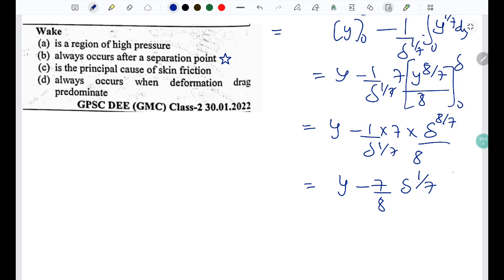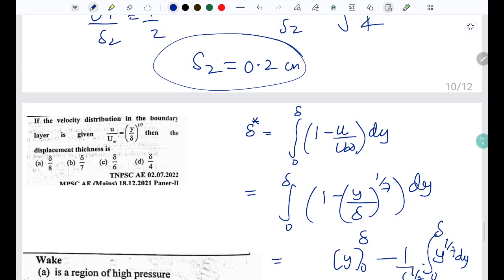So 8 by 7 minus 1 by 7 will be delta simply, and this will also be delta, minus 7 by 8 delta, that will be 1 by 8 delta, that is delta by 8. Hence the answer will be delta by 8.